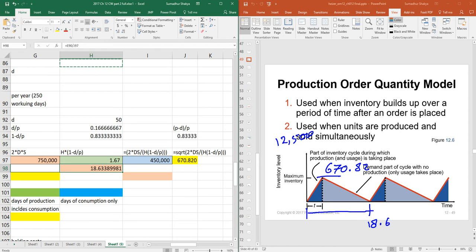So there would be 18.6 such triangles over the whole year, given the fact that they work only 250 some days in a year. Okay, now let's move on to the next part of the question.